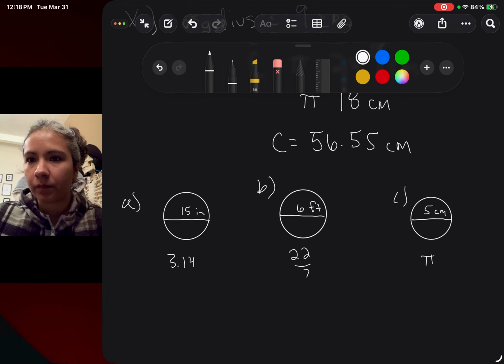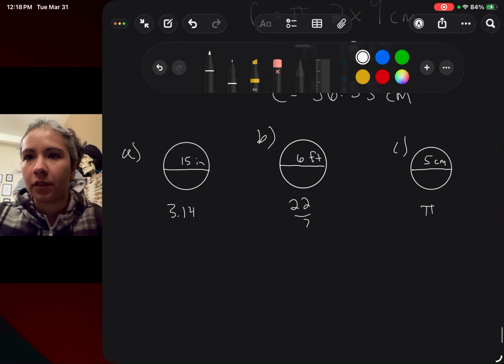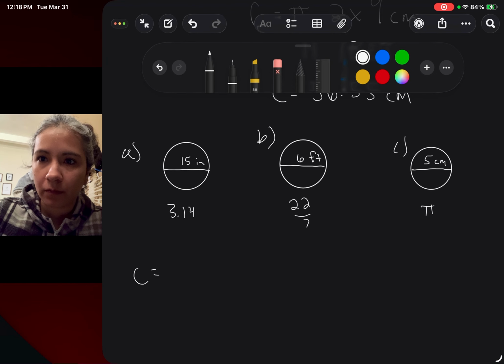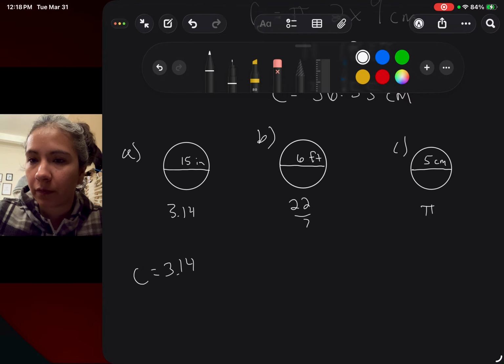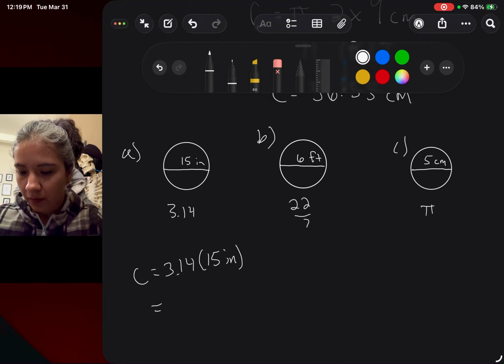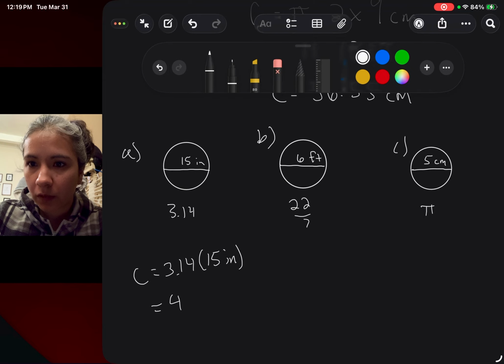So we're finding the circumference. For the first one, we're using 3.14 for pi, and we know the diameters of all of these, so we don't have to multiply 2 times anything. So it's just that times 15 inches, which gives us 47.1 inches.